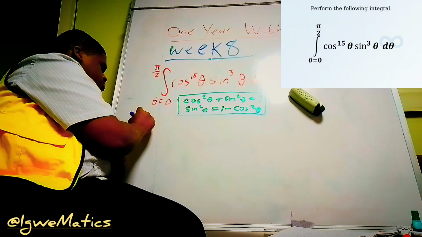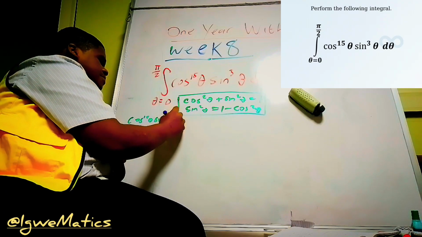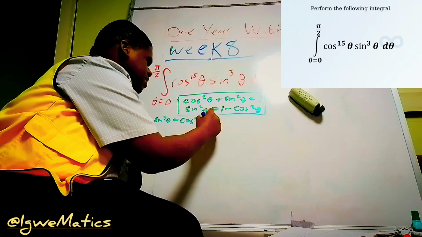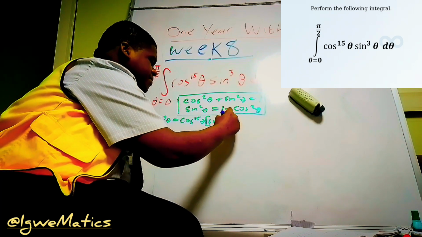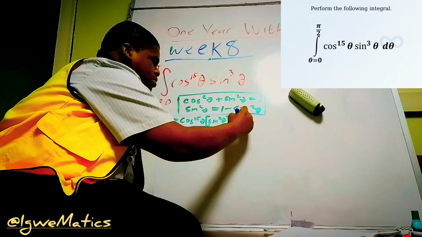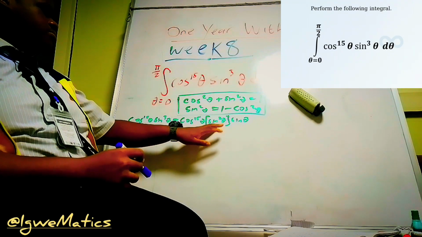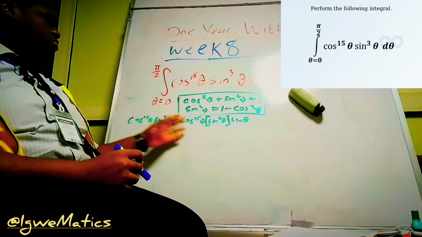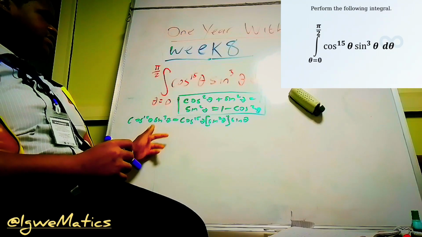Here we have cos to the power of 15 theta sine to the power of 3 theta. This is equal to cos to the power of 15 theta times sine square theta times sine theta. You know that u squared times u is equal to u cubed, so sine square theta times sine theta gives back sine cube theta, which is the same.